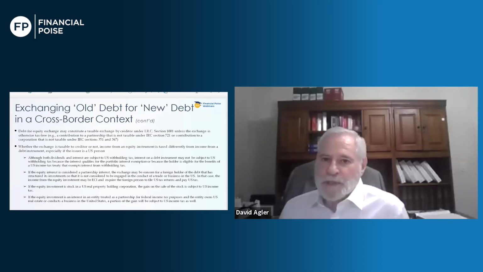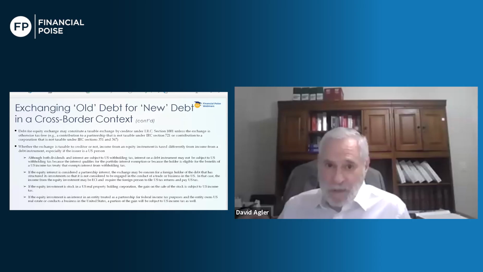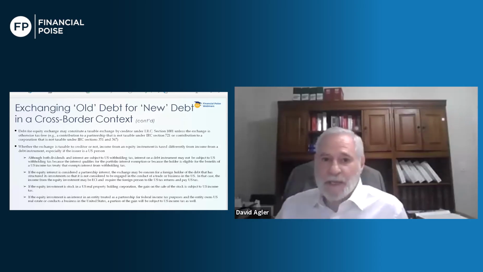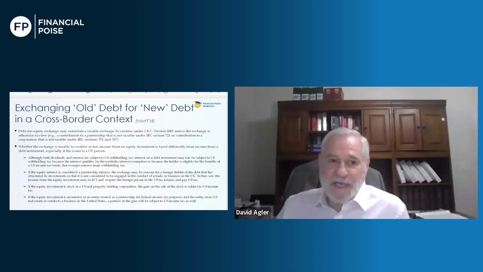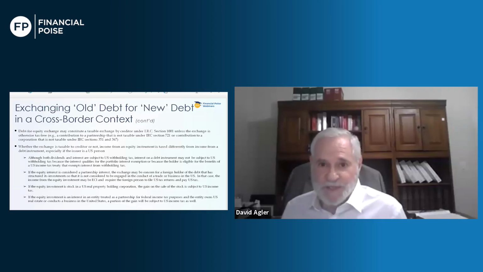But the rule under FIRPTA is that if you have a U.S. real property interest, which can include real property, stock in a U.S. company that owns real property, or certain debt instruments, the gain from the sale of that property, or in this case, an exchange of debt, is a FIRPTA interest that constitutes effectively connected income for U.S. tax purposes, meaning trade or business income. And it's also subject to a variety of withholding tax rules by the buyer.